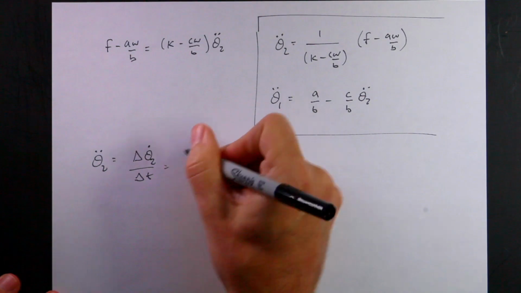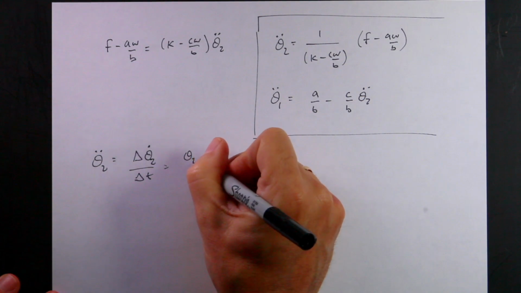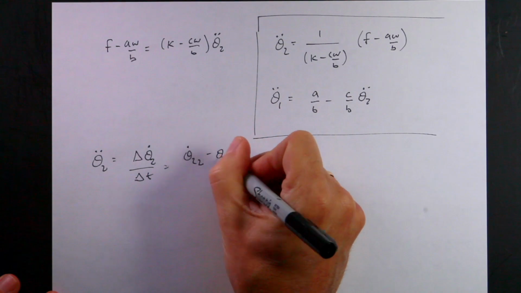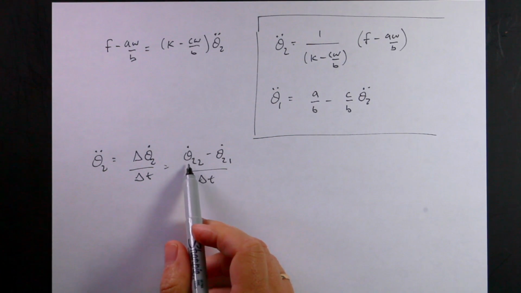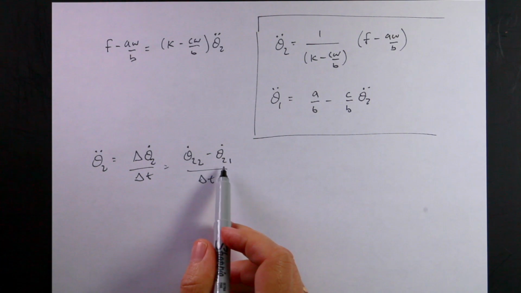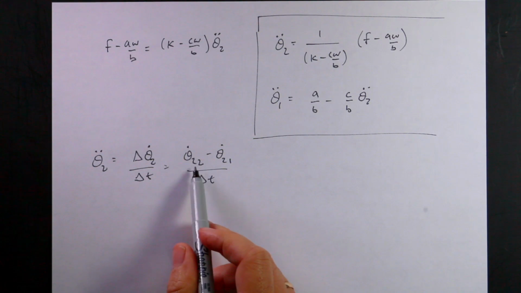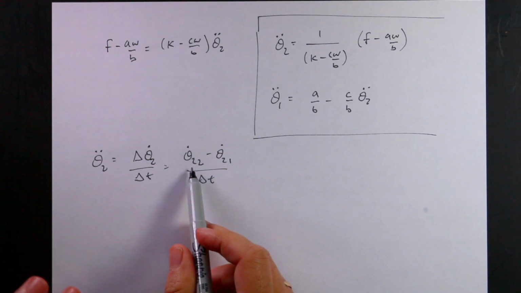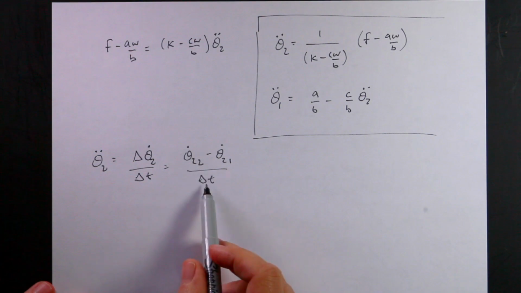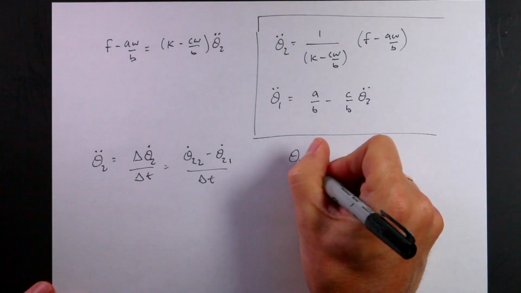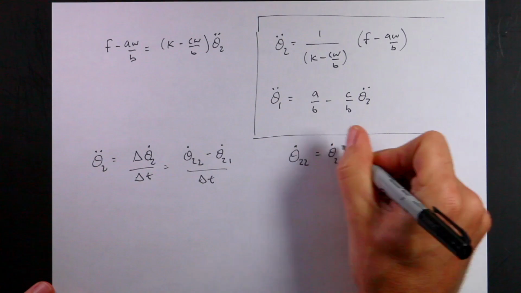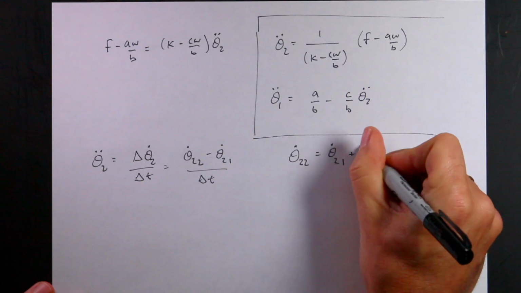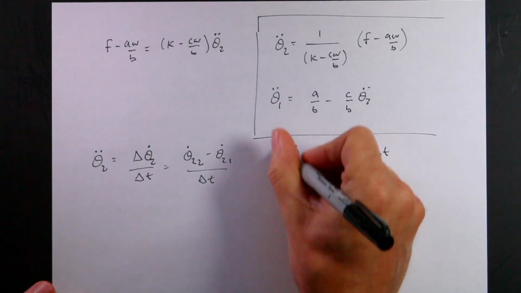Then I could write this as theta 2 dot minus theta 2 1 dot over delta t, where this is the theta 2 dot at the end of the time interval, and this is at the beginning of the time interval. I can use this to solve for theta 2 dot at the end of the time interval by multiplying by delta t and adding, and I get theta 2 dot equals theta 2 1 dot plus theta 2 double dot delta t.